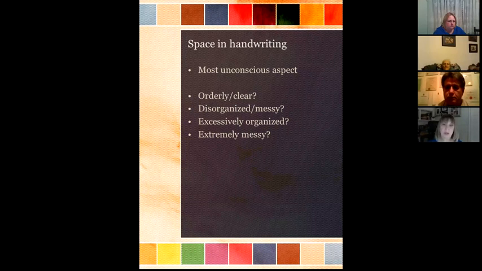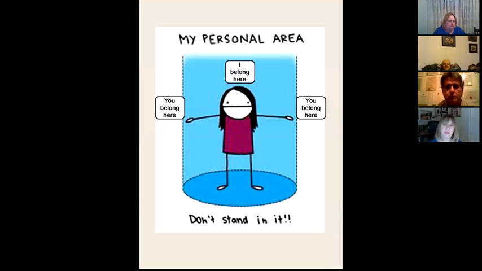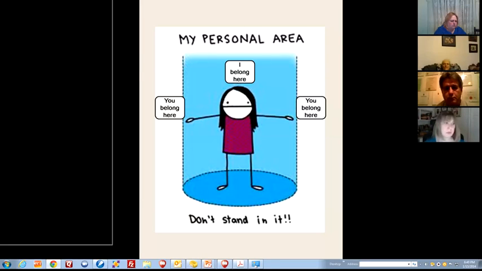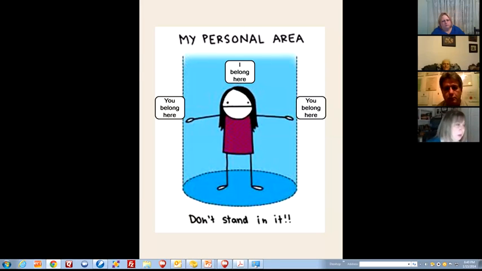Okay, now let's think about space. Space has to do with how much space you actually want around you. And a lot of that is cultural. Some cultures are more comfortable with people standing close to them than others. I was reading something about this today, about nonverbal communication.